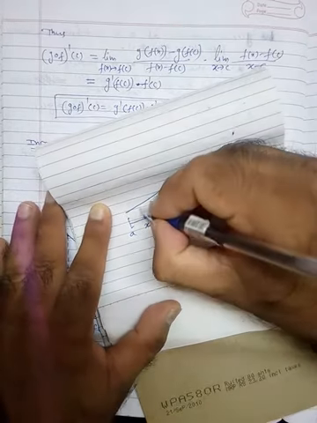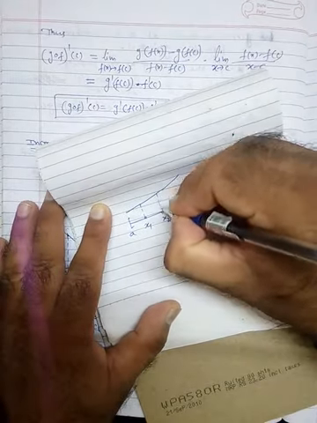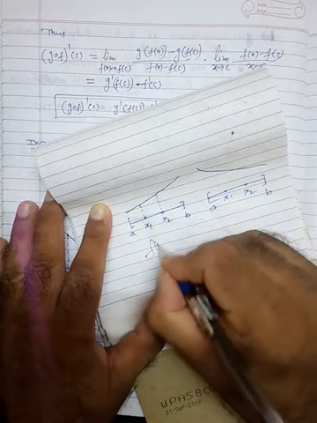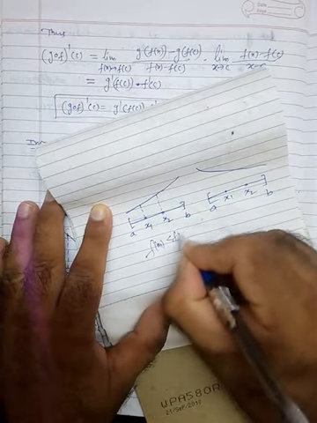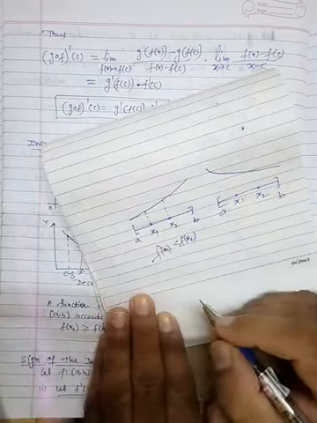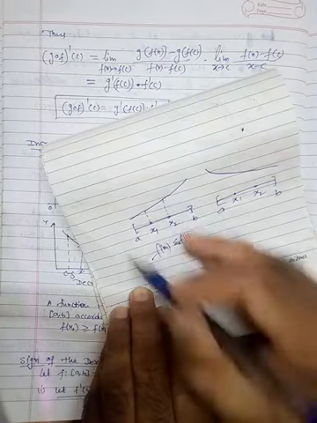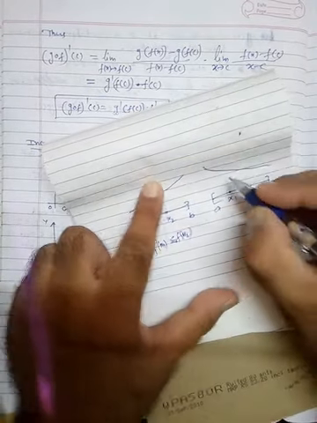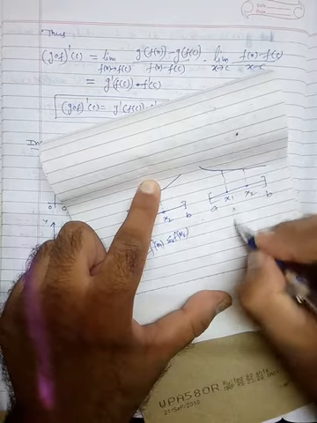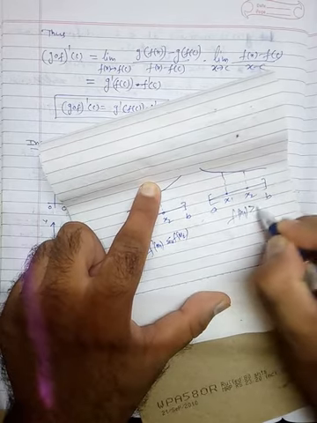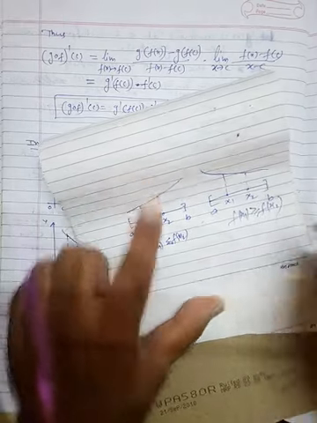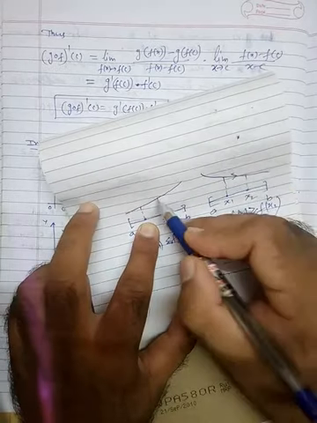So now you can see f of x1 is less than f of x2. This is equality. So this is the increasing pattern, this is decreasing. You will see that f of x1 is greater than equal to f of x2. This is the decreasing pattern.